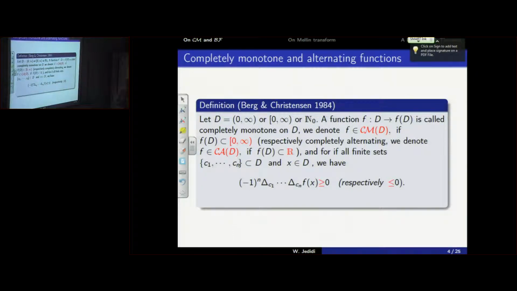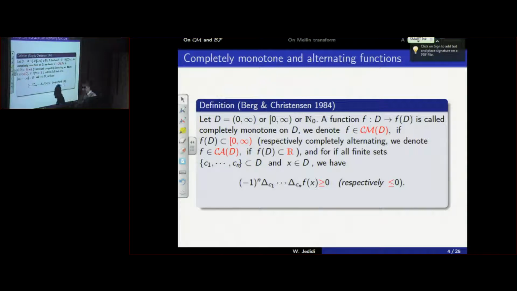That means the first increment is negative, apply a second increment, it will be positive, and so on. We say that f, seen as a function or a sequence, is completely alternating if you have the opposite sign. The first difference will be positive, the second negative, etc.